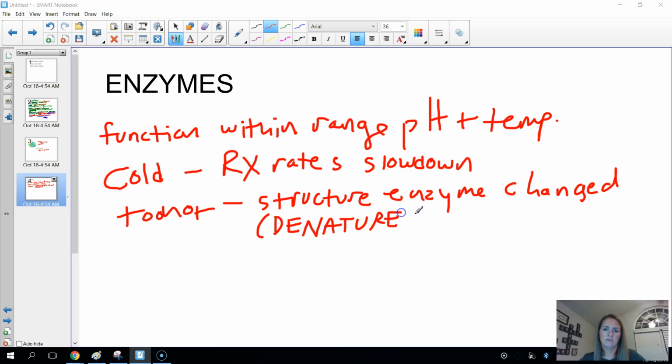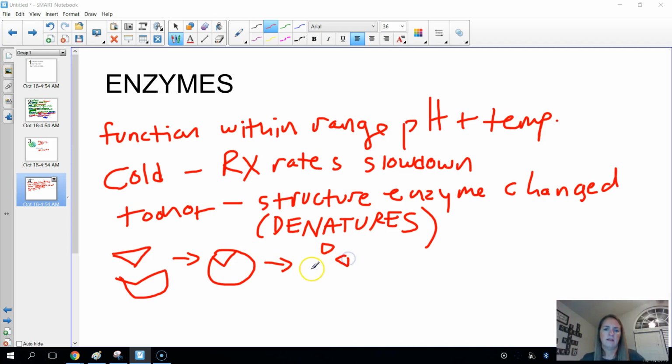It denatures. So all of those times that we drew, let's say this is a substrate and this is the enzyme, and it would fit perfectly in there. And just to recall, when all of that is together, that's the enzyme substrate complex. And when that enzyme is done working on the substrate, it'll produce some products, and then that enzyme will be free to be reused again, right?